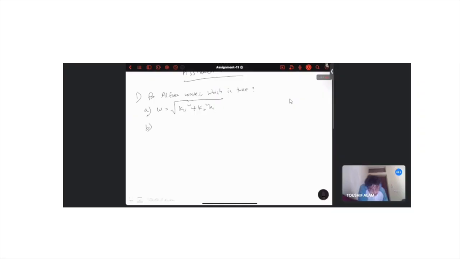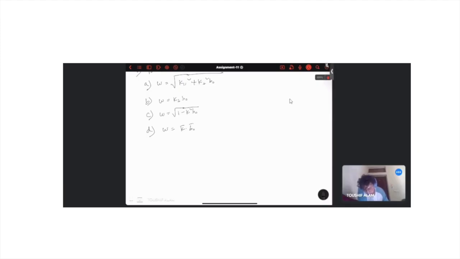Option B: omega is equal to k perpendicular b naught. Option C: omega is root over 1 minus k square b naught. And option D: omega is equal to k dot b naught. So let's check which one should be correct.